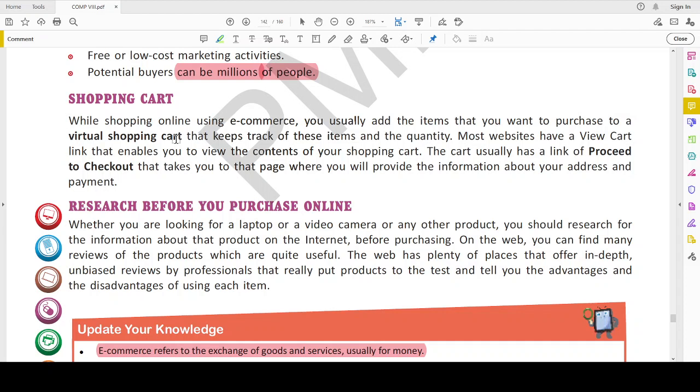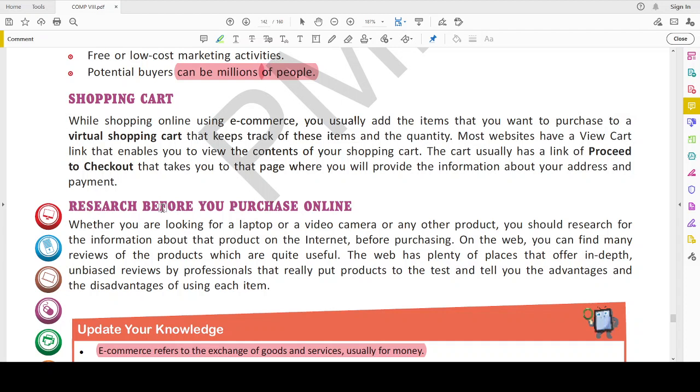Next, research before you purchase online. And this aspect of buying online or e-commerce is very effective and an advantageous point for the buyers. What the buyers can research online is beyond imagination.